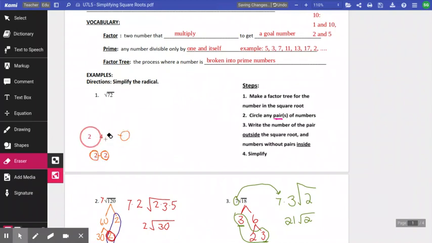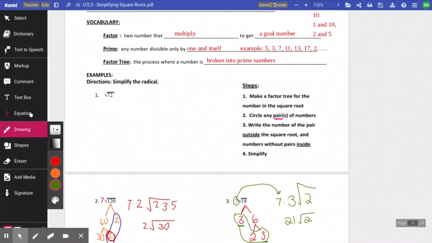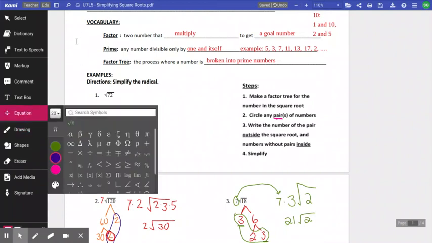The second way has to do with square roots of numbers that do have perfect square roots, perfect whole number answers. I'm going to write some off to the side here.